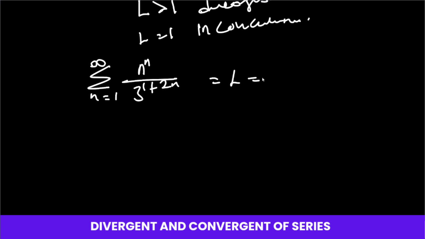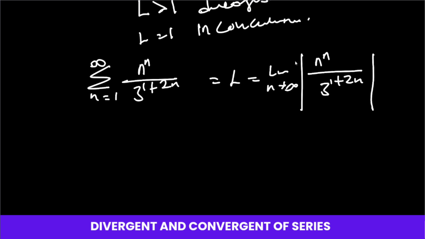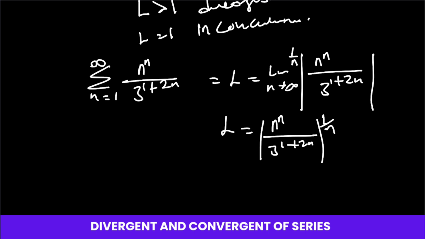So let's find L, which is equal to the limit as n approaches infinity of the absolute value of a_n to the power 1 over n, which is the same as n to the power n divided by 3 to the power 1 plus 2n, all to the power 1 over n.